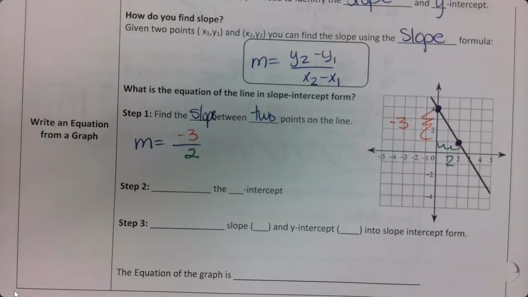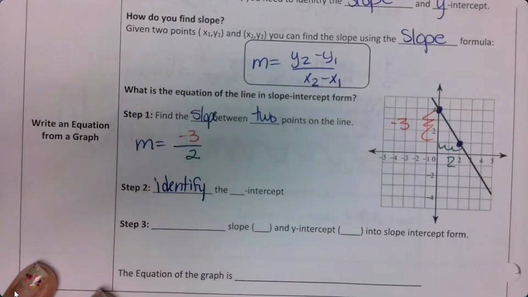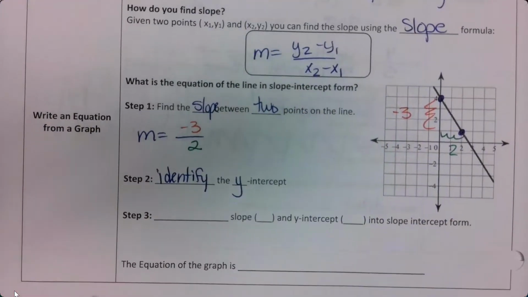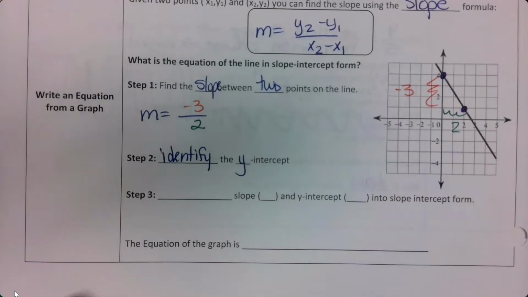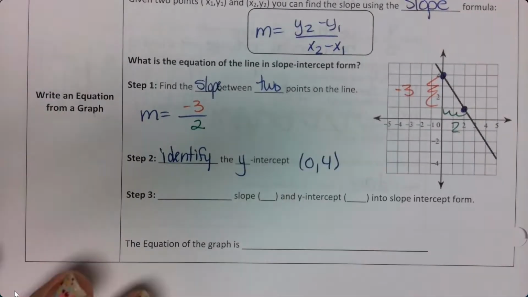Okay, so now I want to identify my y-intercept. So what's my y-intercept? 4. And I'm going to write it as a point, which is 0, 4.